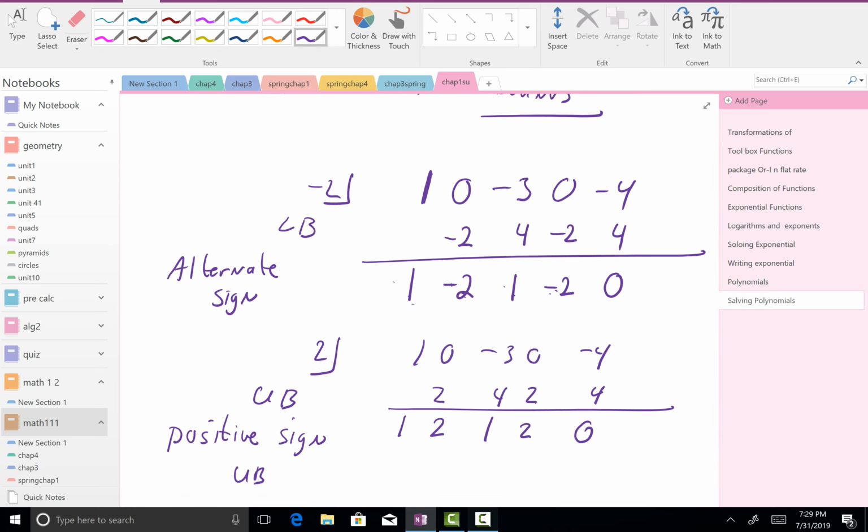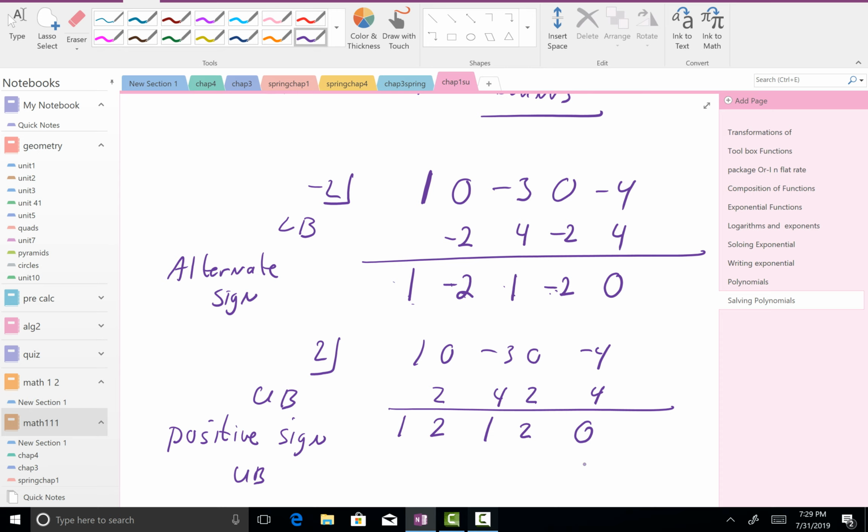So the only way you can do that is to do synthetic division. So you graph it, you get the x-intercepts, and then you just test them using synthetic division, okay? That's all the stuff from 3.2. All right, took us a long time, but we got there.